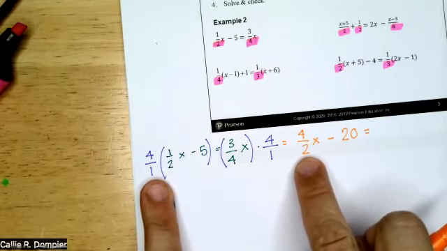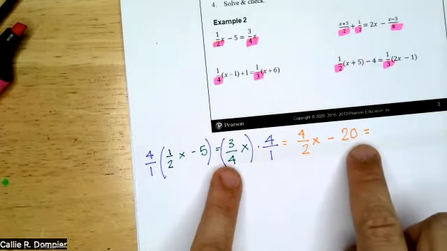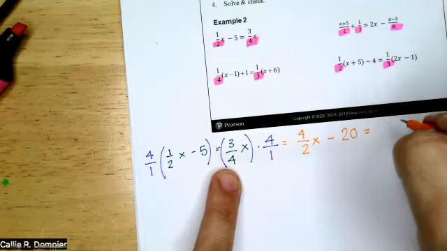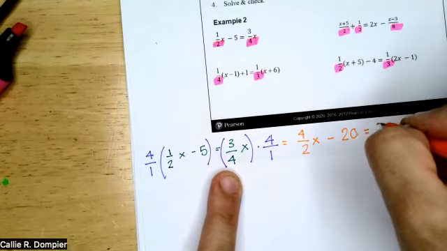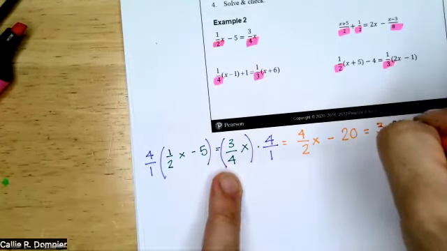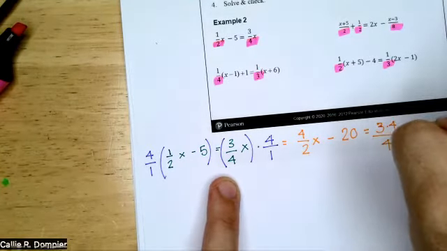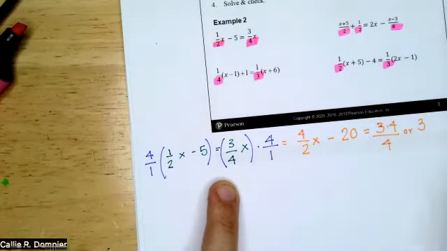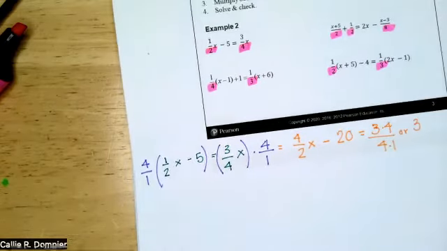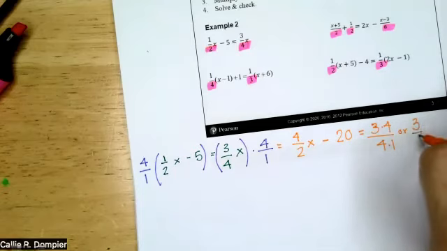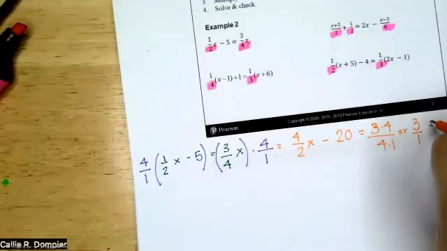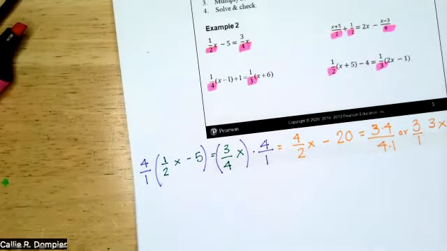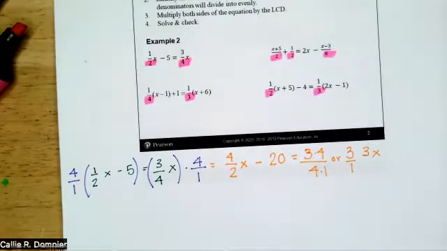Okay, so 4/2x minus 20 equals 3/4 times 4/1 becomes 3 times 4 over 4, or, right, 3 times 4 is 12, 4 times 1 is 4. 12/4 is the same as 3/1, which is 3x. Is that okay? Did not explain that well.